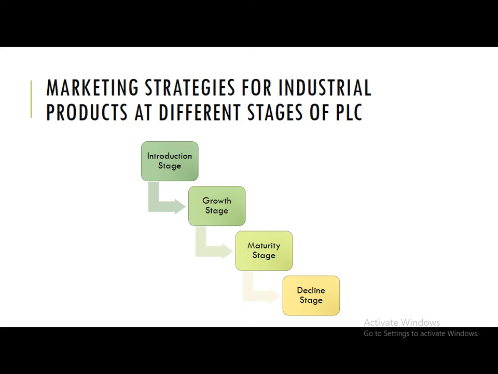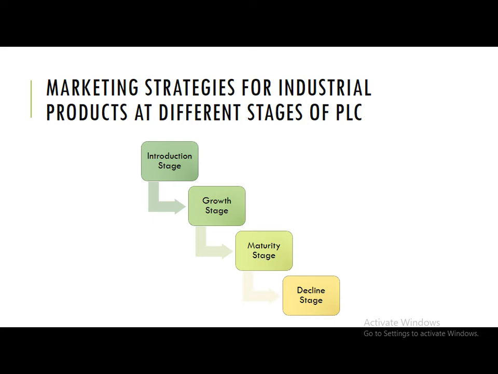Third, what are the strategies to be adopted in the maturity stage? In the maturity stage, the number of competitors entering the market will increase. As a result of increased competition, the profit will be reduced.